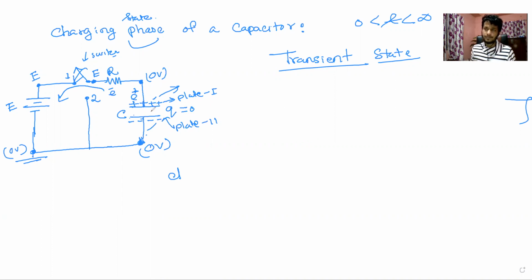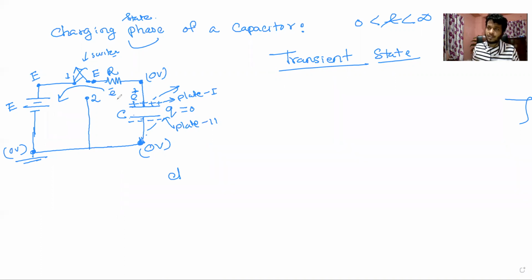Look, we have said that the negative charge is getting transferred from plate 1 to plate 2. And what would be the rate of this negative charge transfer?